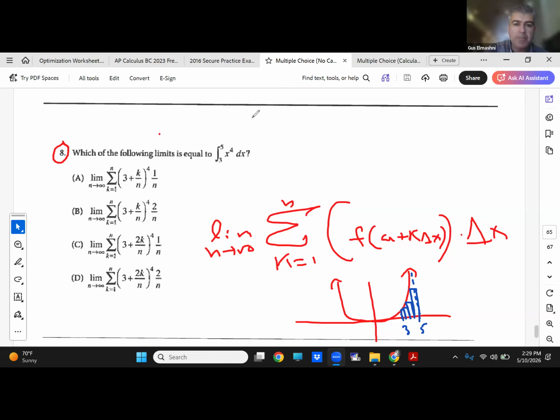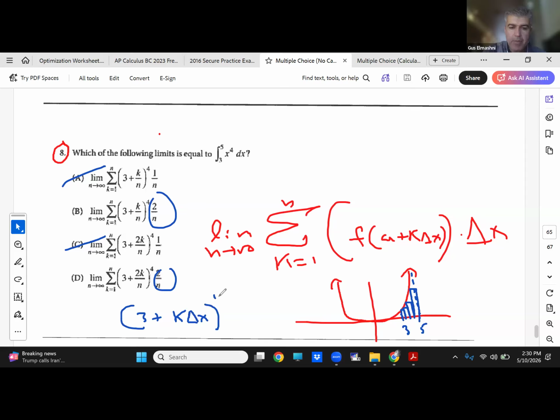Okay, I got some answers here. Okay, I have people saying D, and I agree, it is D. First off, you can eliminate A and C, but you know you need 2 over n, right? Now here's the deal. You have 3 plus k delta x, right?